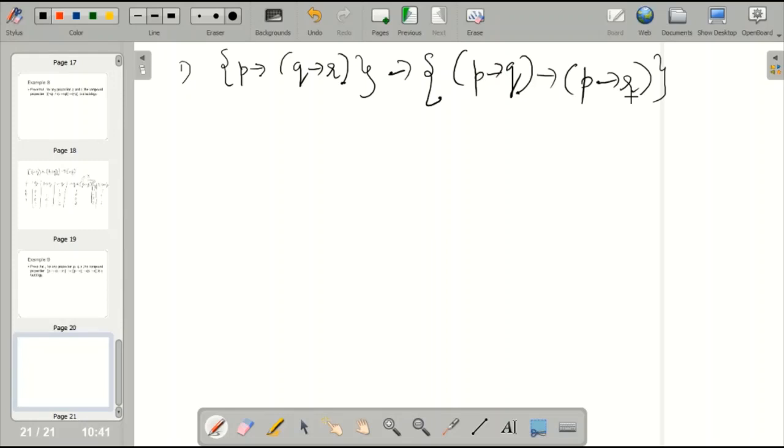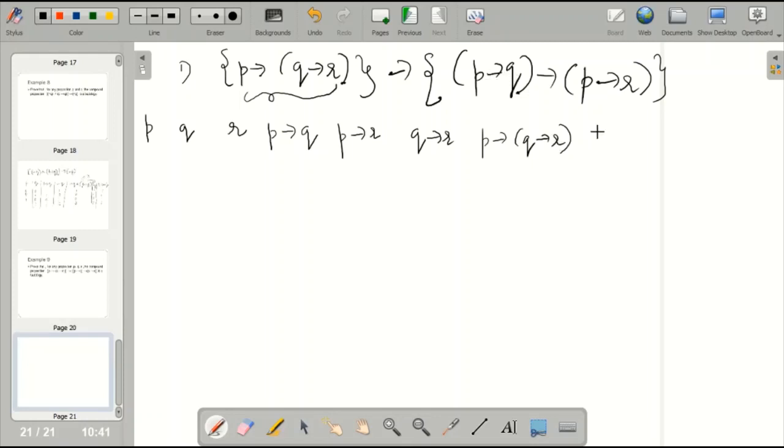So we'll write the 3 terms over here: P, Q, R. Then what are the things we need over here? We need P conditional Q, P conditional R, then Q conditional R. Then again we need this section, that is (P conditional Q) conditional R. We wrote this.